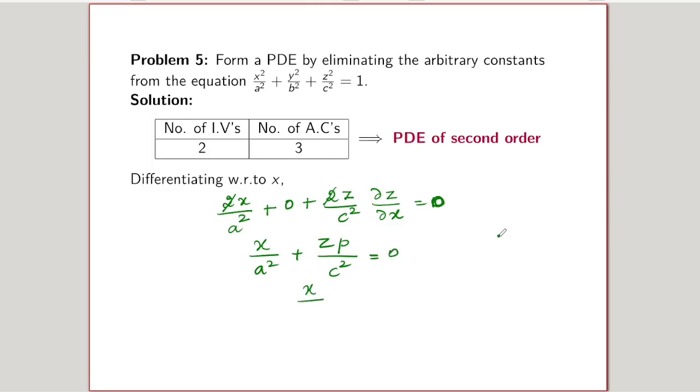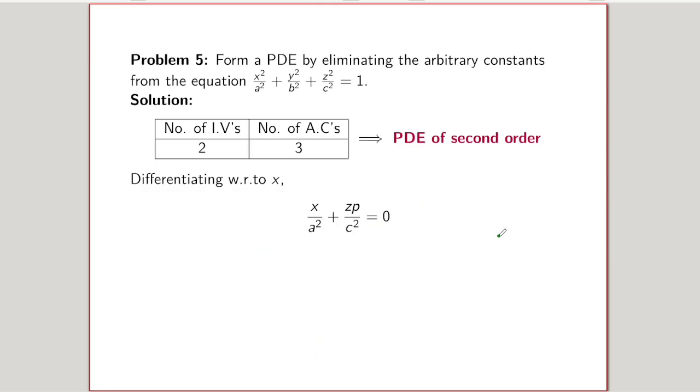So x by a squared can be written as minus zp by c squared, or 1 by a squared can be written as minus zp divided by x into c squared. So we will be getting x by a squared plus zp by c squared equal to 0.